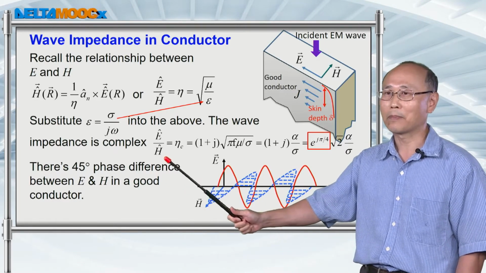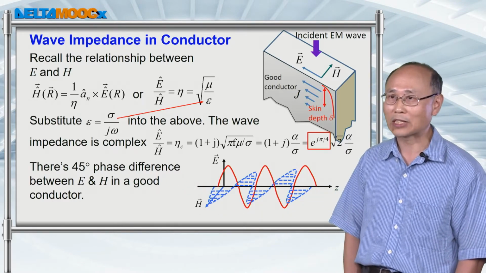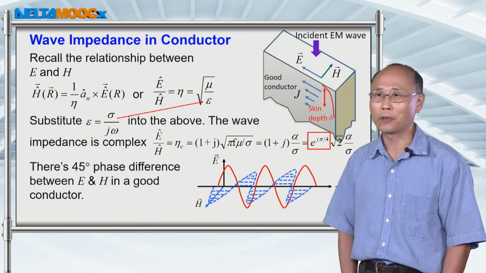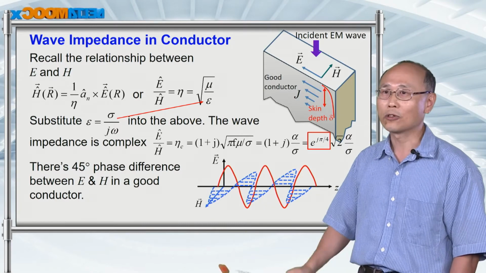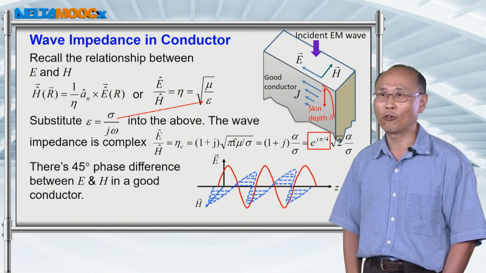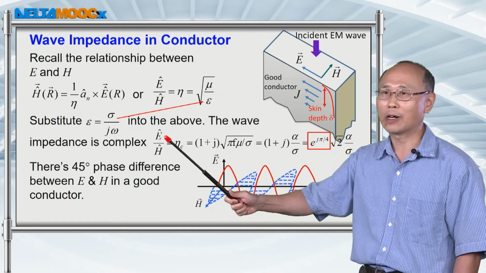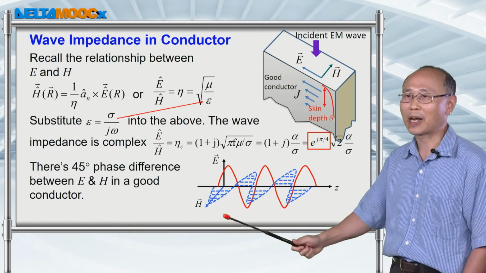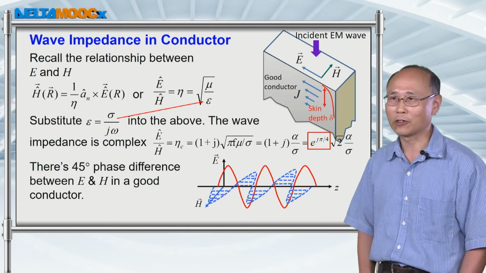But the magnetic field will not see the electrons because the motion of the electrons appears to be quite slow. So the electric force is much stronger than the magnetic force. So the electric field is going to fall behind the magnetic field by 45 degrees.